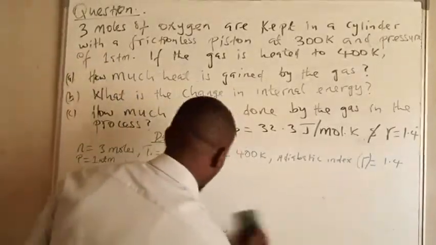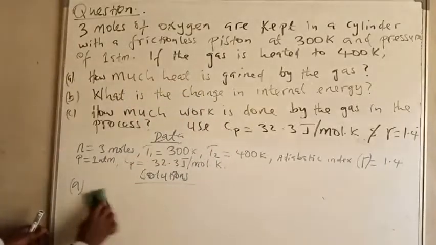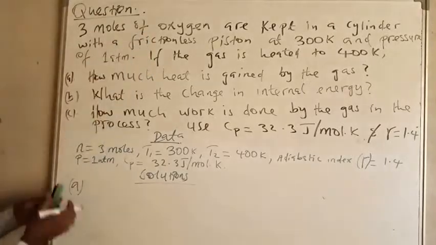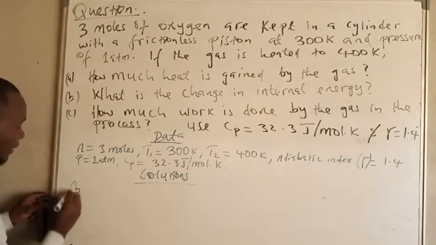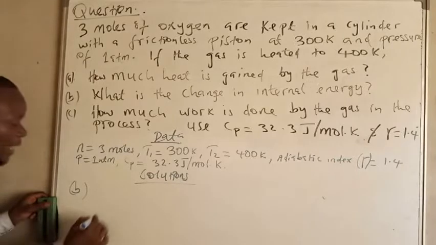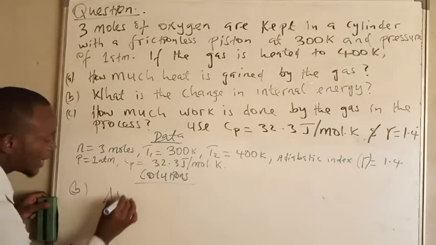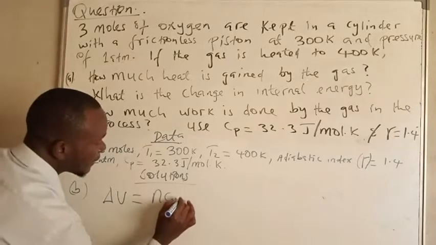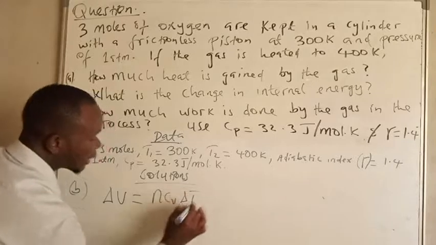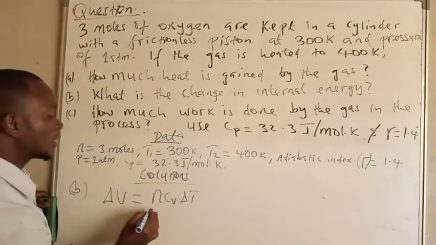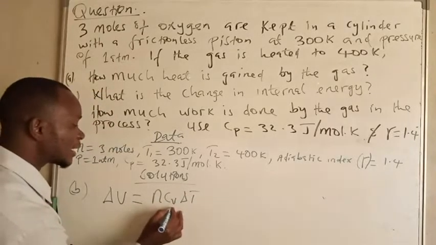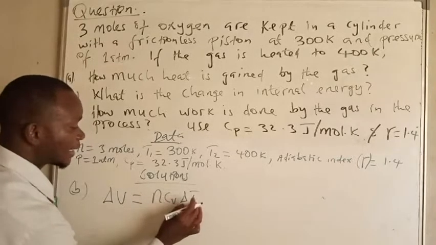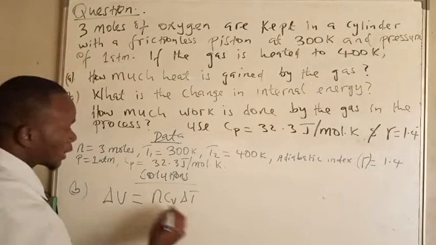Let me just erase this part. We need to keep the data so that we can follow very well. So here, part B. The change in internal energy is given by n Cv delta T, where n is the number of moles, Cv is the heat capacity at constant volume, and delta T is the temperature change.